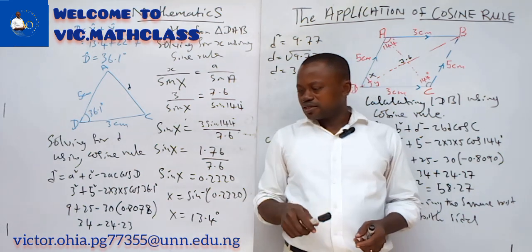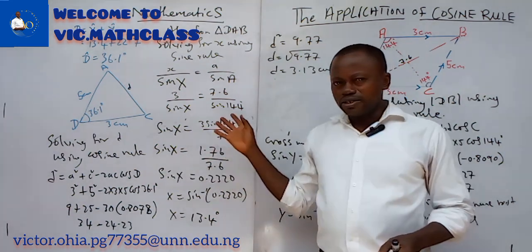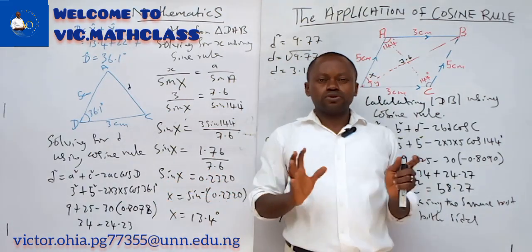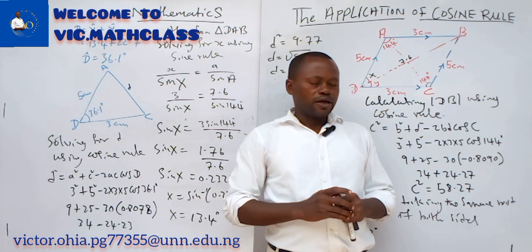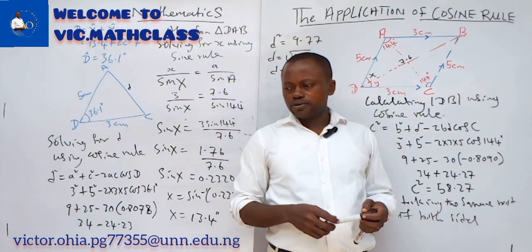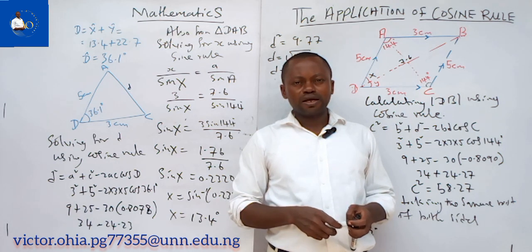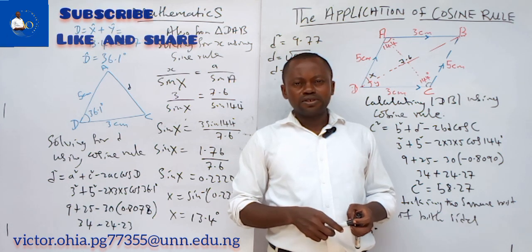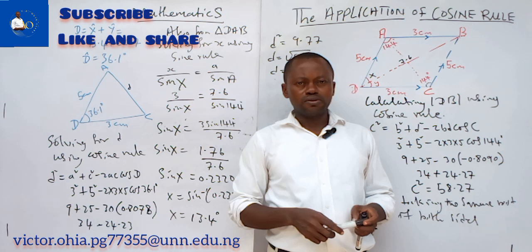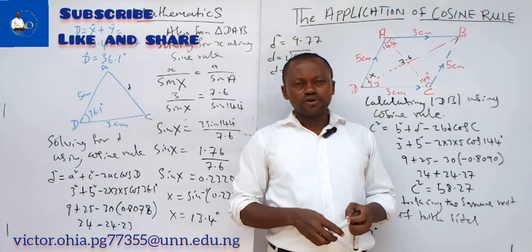I'm sure this example was able to capture what we need to know in the use of sine rule and cosine rule. The examples have not been exhausted. We still have so many of them to look at subsequently in our classes. So if you hang around, you'll be able to follow us.